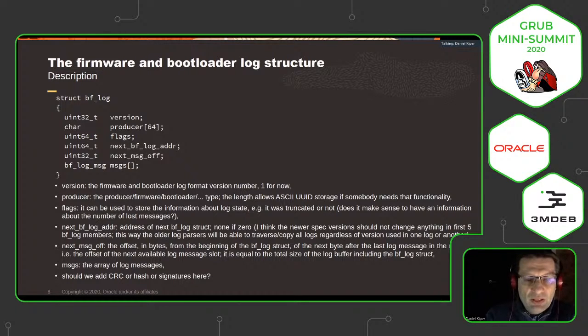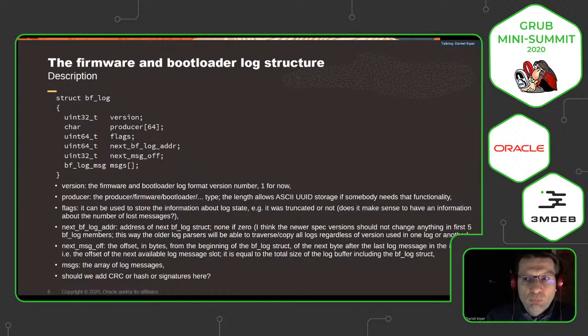Because in some cases, if there is not much space in the log buffer, then a given module which produces the log may not be able to attach more messages. So in this case, it is worth notifying the bootloader log reader that something bad happened and some messages were lost.